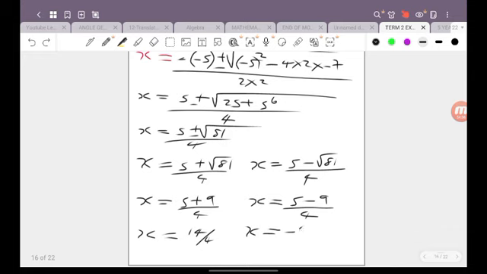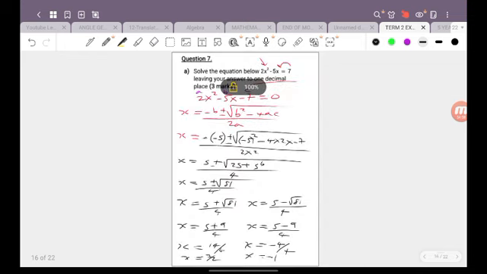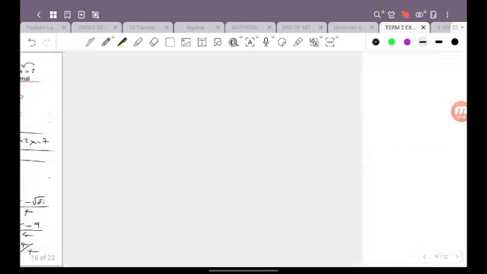So 14 over 4 works out to x equal to 7 over 2, and negative 4 over 4 gives x equal to negative 1. All right, so that's pretty much how we get the solutions to that equation. And if you would also like a comprehensive review on how to solve quadratic equations, then by all means go ahead and check that video out as well.